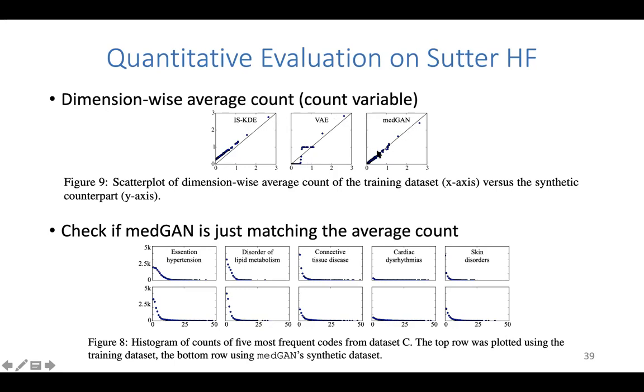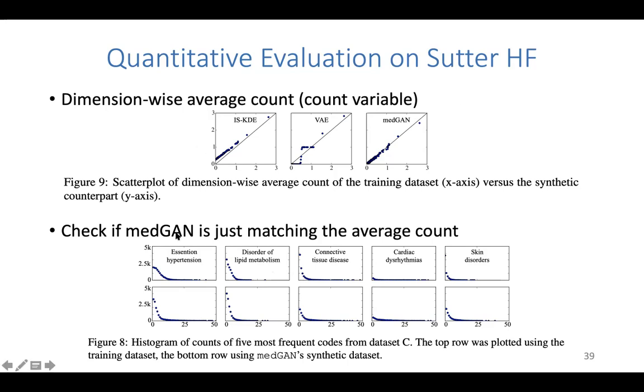And to see if MedGAN is just matching the average count, or if the occurrence histogram is actually observed, we look at the 5 most frequently occurring codes: hypertension disorder, lipid metabolism, connective tissue disease, cardiac dysrhythmia, skin disorder. These 5 were the most frequent codes from data set C, which is Sutter HF, the 30K records.